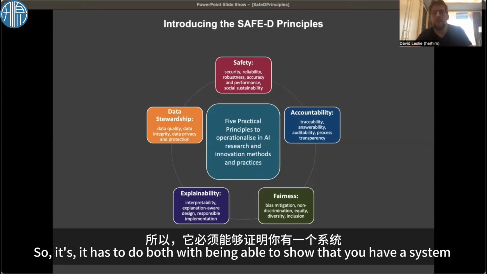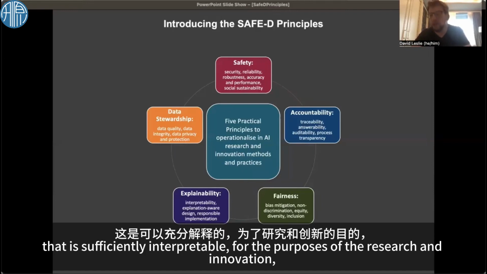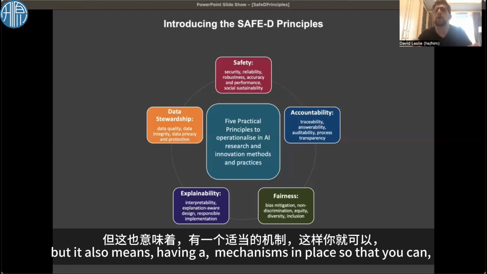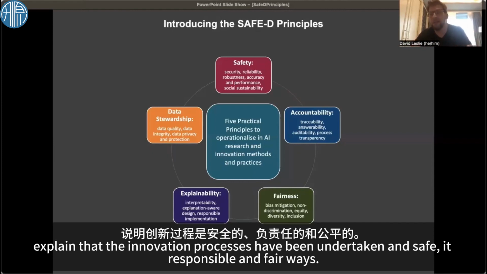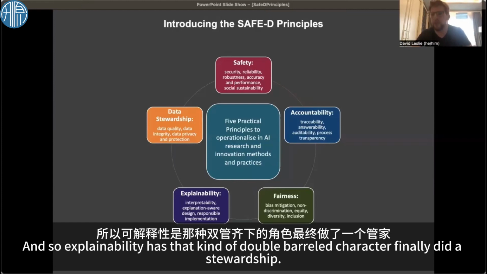So it has to do both with being able to show that you have a system that is sufficiently interpretable for the purposes of the research and innovation, but it also means having mechanisms in place so that you can explain that the innovation processes have been undertaken in safe, responsible, and fair ways. And so explainability has that kind of double-barreled character.